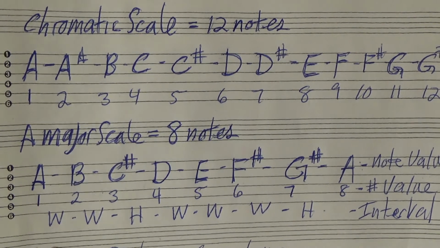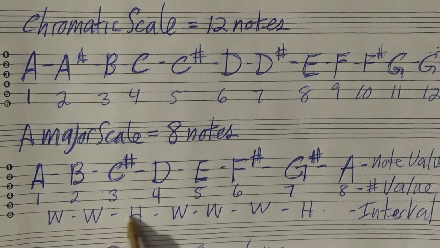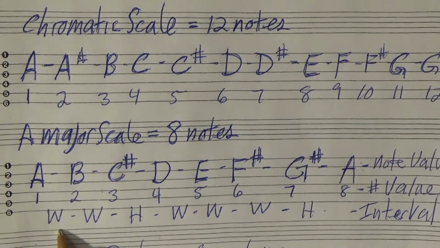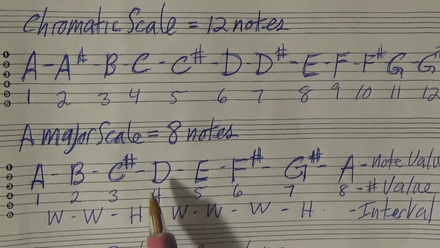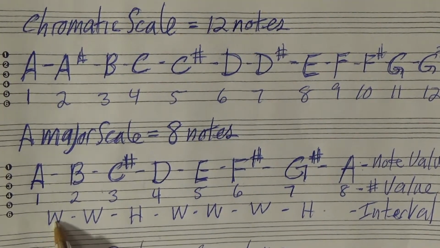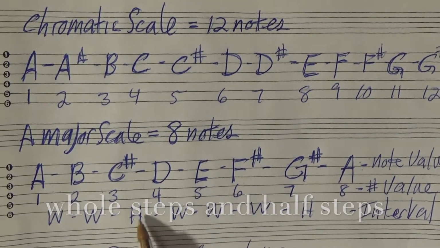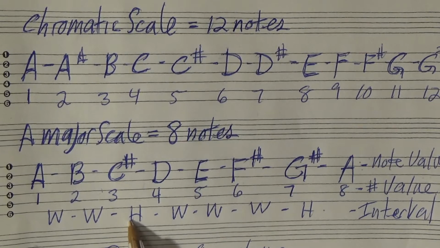Okay, so this right here is representing our interval formula. W meaning whole note, H meaning half note, a whole step and a half step. A whole step is 2 frets, a half step is 1 fret, okay?